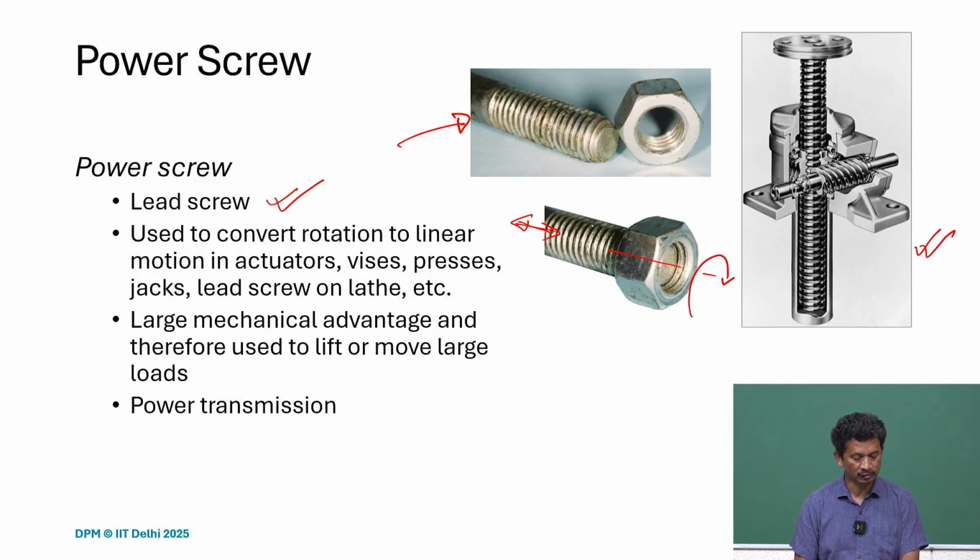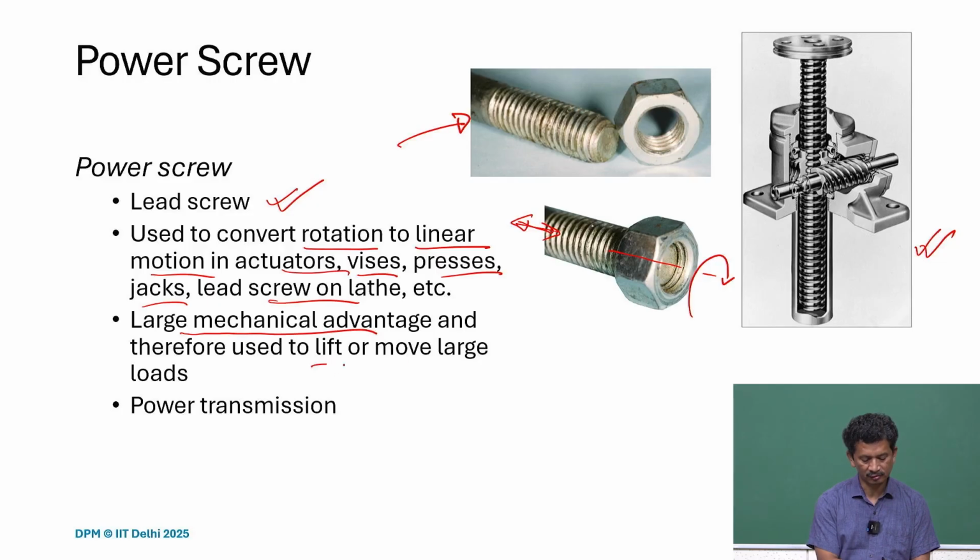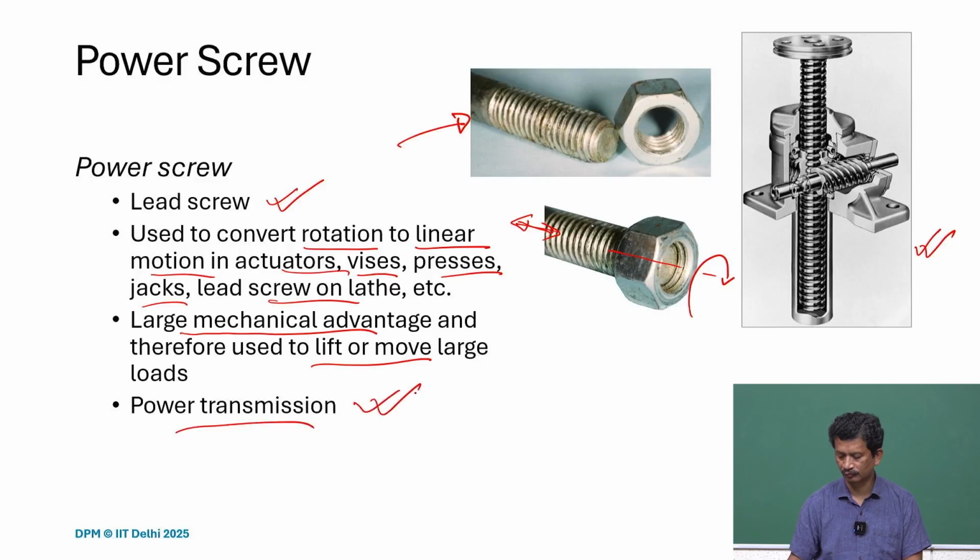It's used in machines, and mainly used to convert rotation to linear motion in various actuators, vices, presses, jacks, and the lead screw on a lathe. So you can see it's widely used, and one of the reasons it's used so often is the large mechanical advantage, and that's the reason it's used to lift or move large loads, and for power transmission.